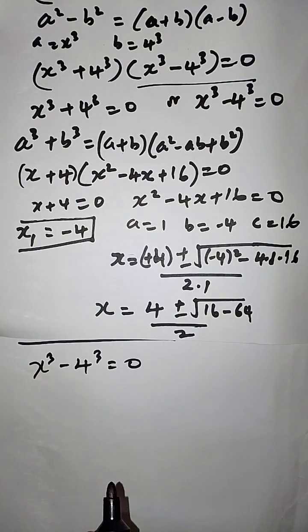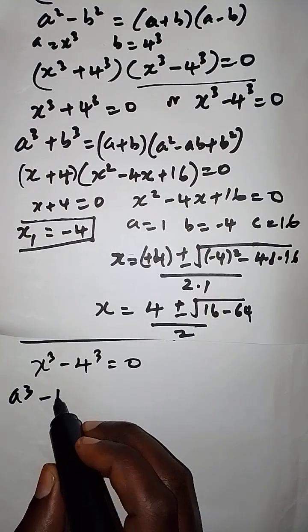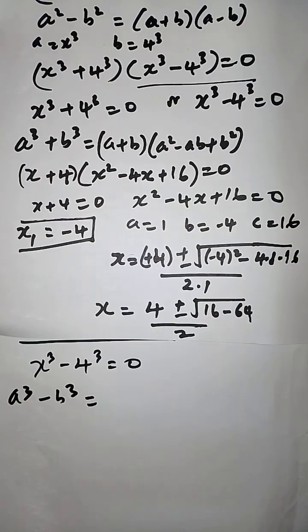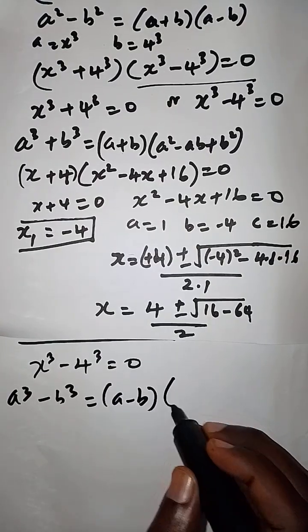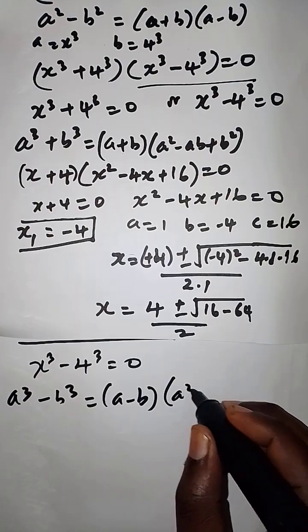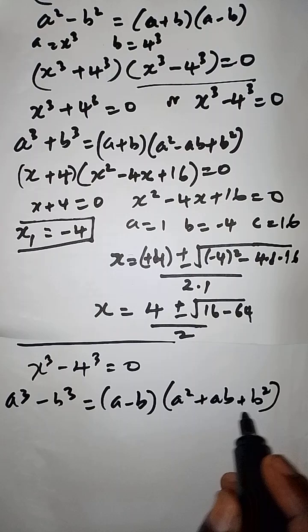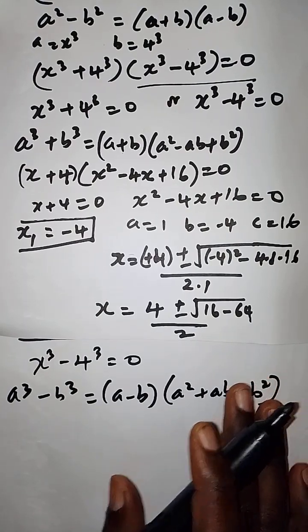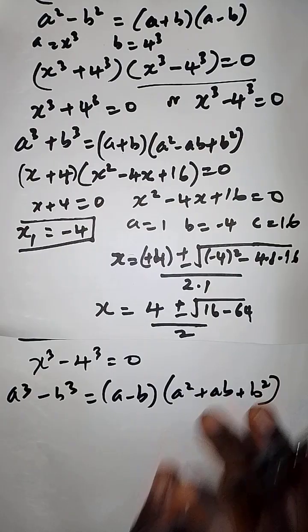Here we're going to use the expansion of a cubed minus b cubed, which can be re-expanded as a minus b multiplied by a squared plus ab plus b squared. We just take the values and substitute in the expansion.